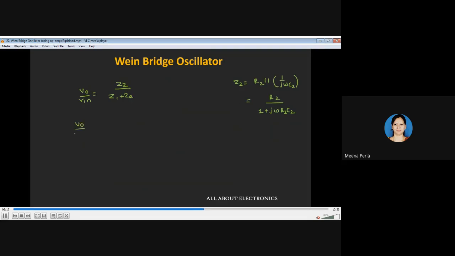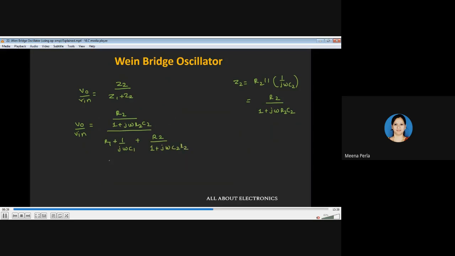So let us put the values of Z1 and Z2 in this expression. Vout by Vin is equal to R2 divided by 1 plus j omega R2 C2, divided by R1 plus 1 by j omega C1 plus R2 divided by 1 plus j omega C2 R2.